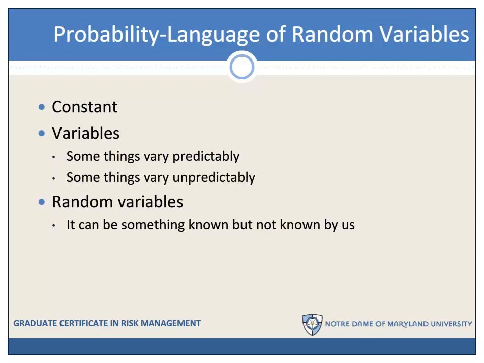So we're going to call those variables that vary unpredictably random variables. A random variable might be something that is known and predictable by other people who perhaps have a greater understanding of the problem, but a random variable is not known by us. A random variable is a variable that varies in an unpredictable fashion.